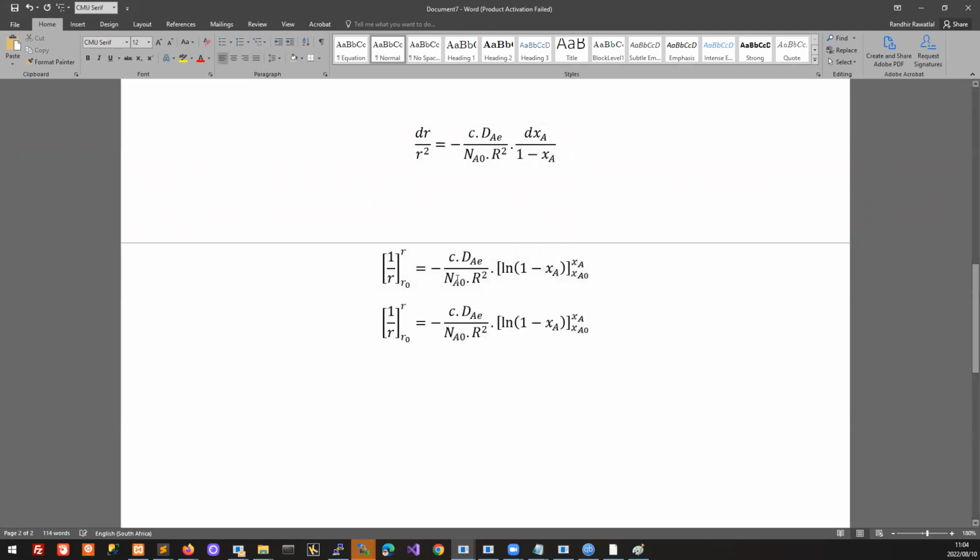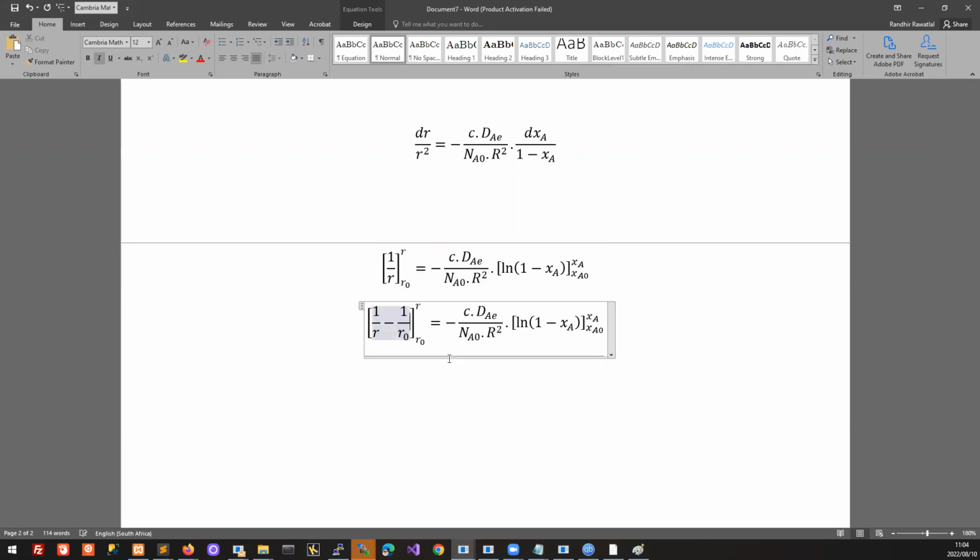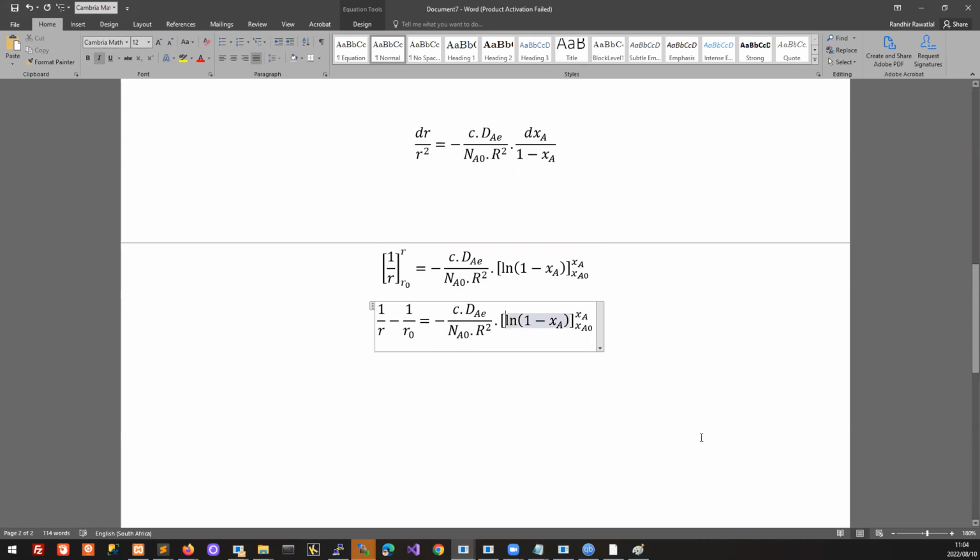So when we rewrite this, this is of course 1 minus R minus 1 over R0, and then this one is of course ln of 1 minus XA over 1 minus XA naught. And we are solving for NA naught down here.